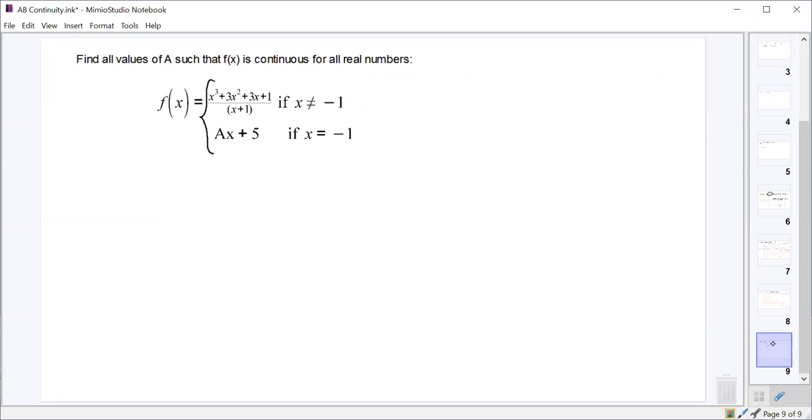Whenever we're asked to show that something is continuous for all real numbers, the first thing we want to look at is the different pieces that we might have. In this case, we just have 2 pieces, a piece for when x isn't negative 1 and a piece for when x is negative 1. So for the piece when x isn't negative 1, is this rational function continuous for all other real numbers besides negative 1?